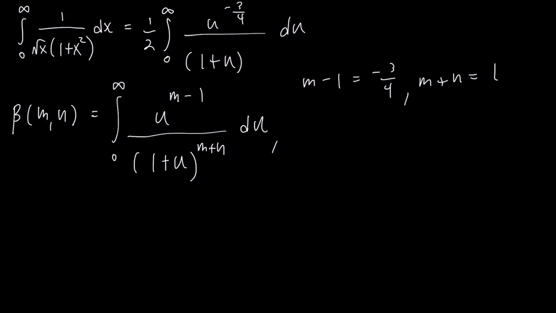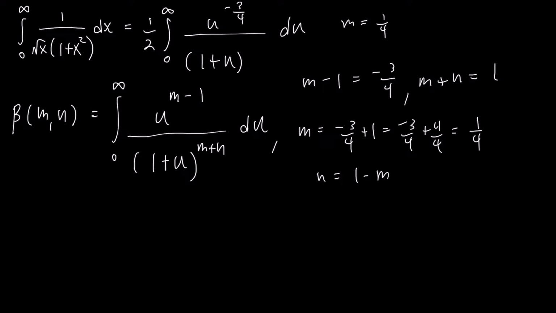If we solve for m and n, we have m is -3/4 plus 1, which is equal to -3/4 plus 4 over 4, which is equal to 1/4. So m equals 1/4, and n equals 1 minus m, which is 1 minus 1/4, which is equal to 3/4.